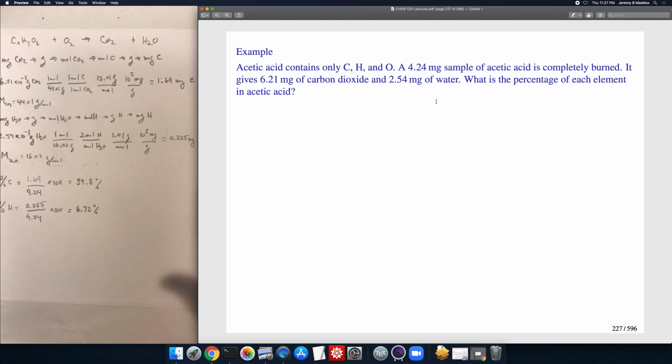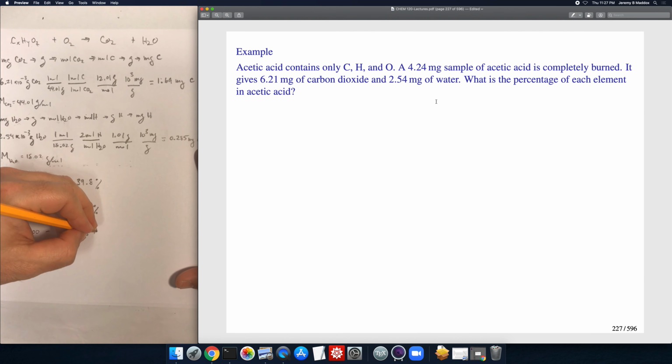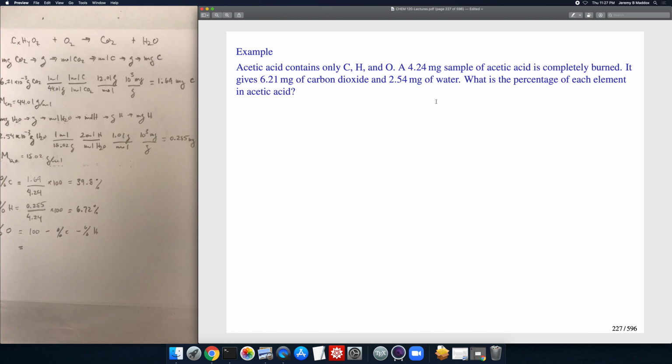How are we going to get the percentage of oxygen? Well, we know that the percentages need to add up to 100, so it's going to be 100 minus the percent carbon minus the percent hydrogen. I'm getting 53.5% out of that.